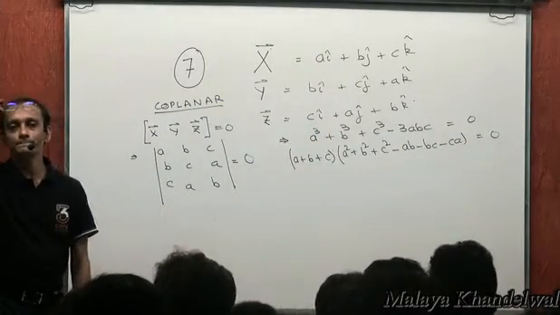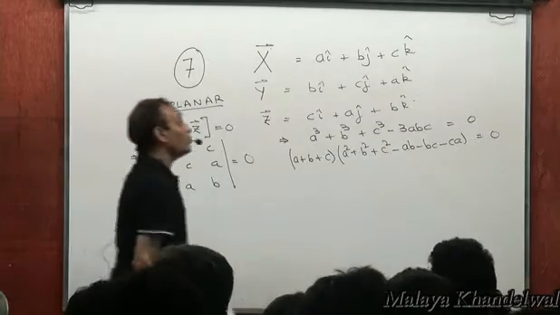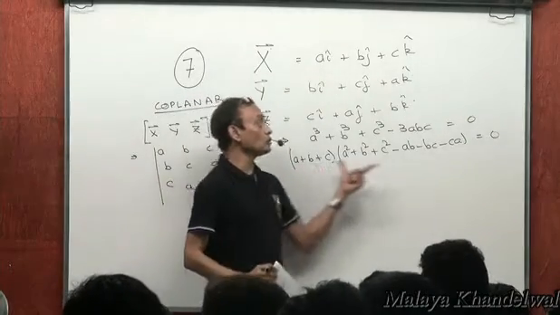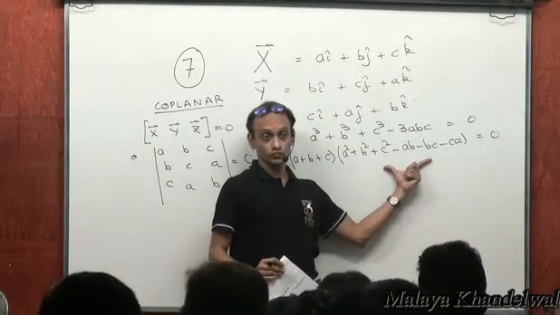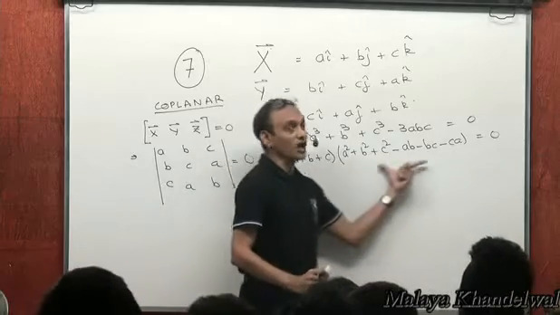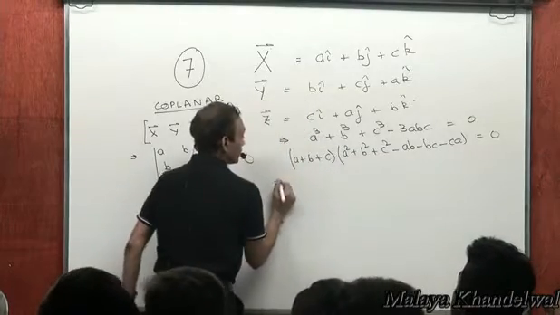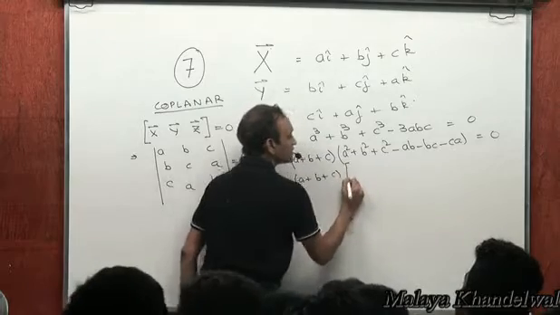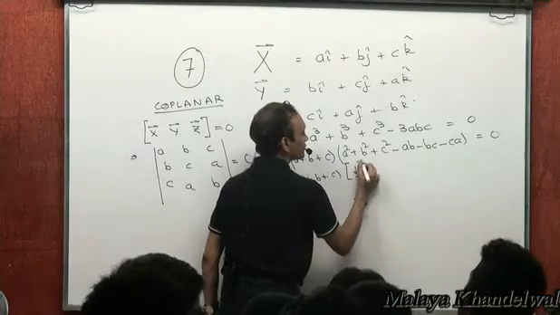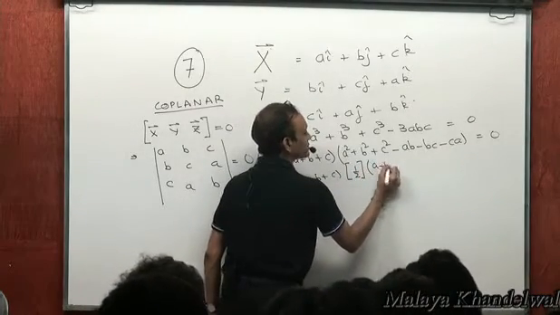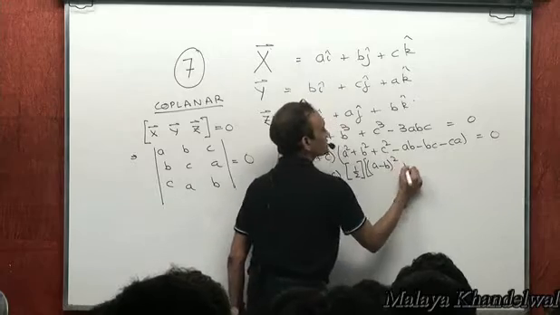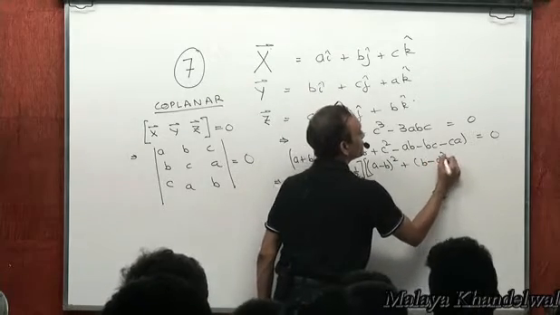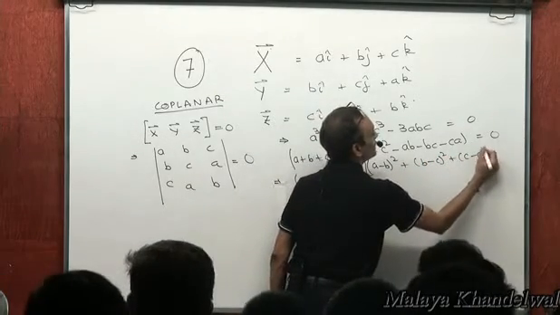Now, either this will be 0 or this will be 0. Now, realize that this is half of a minus b whole squared plus b minus c whole squared plus c minus a whole squared.